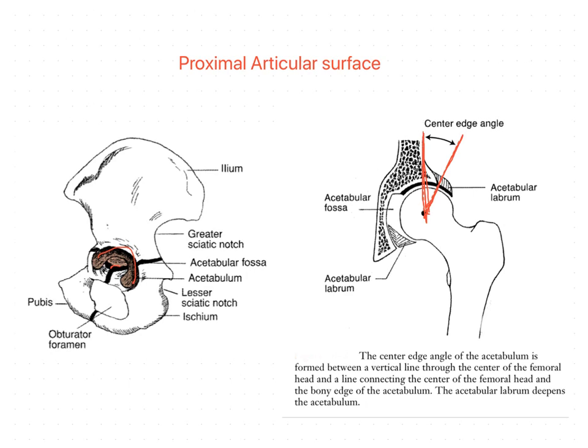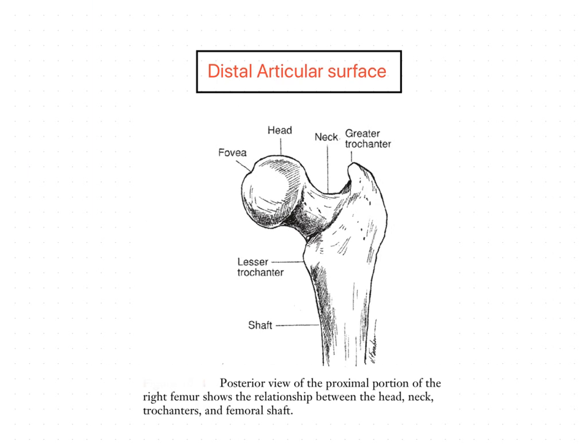This is about the acetabular labrum, and all these things form the proximal articular surface. Now we will move on to the distal articular surface.